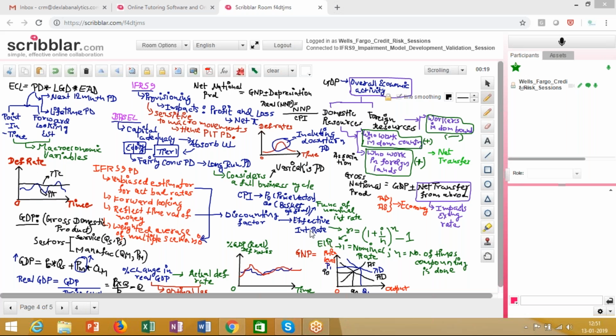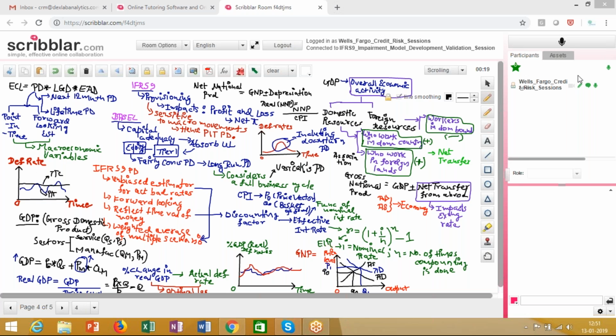From there, we'll talk about the macroeconomic variables in the model, then how this model is created, how the modeling side would come into it, and what statistical methods we would require to develop that model. That's the approach that we are going to take in today's discussion.